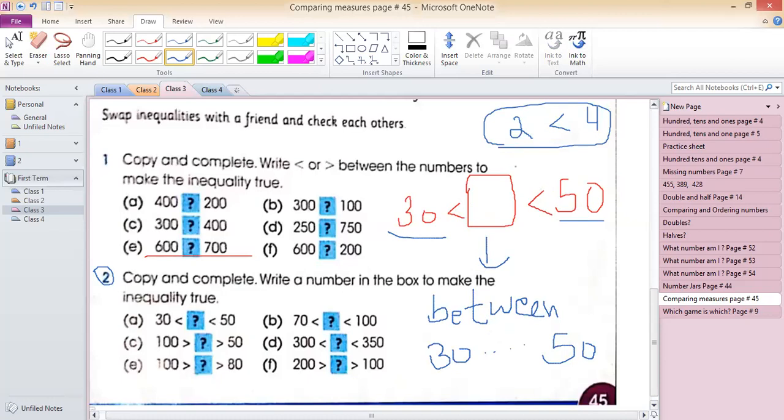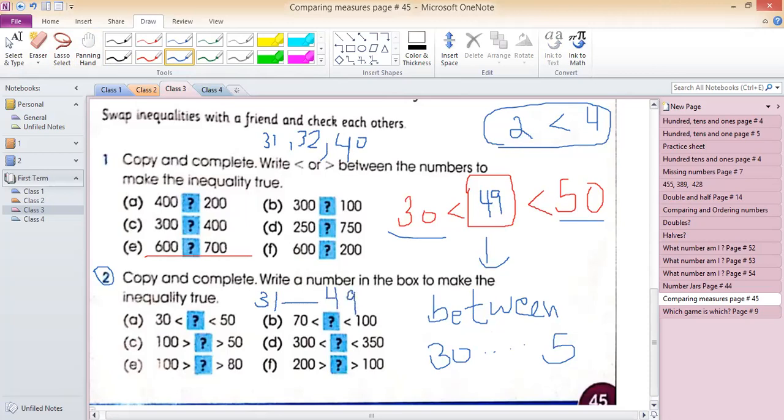So before 50, from 30 to 50, you have numbers 31, 32, 33, 34, 35, 36, 37, 38, 39, 40, 41, 42, 43, up to 49. You can even write 49, but you cannot write 50. So from 31 to 49, you can write any number.